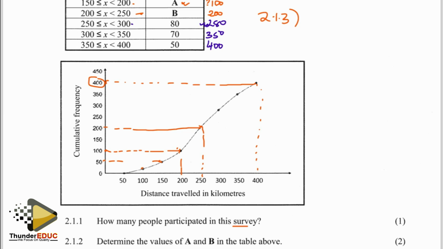So if we do the subtraction, at 100 the cumulative was 20, and at 300 the cumulative is roundabout 280. Then I just need to subtract these two. So I'll have 280 minus 20, and I end up with 260 learners, or 260 people.